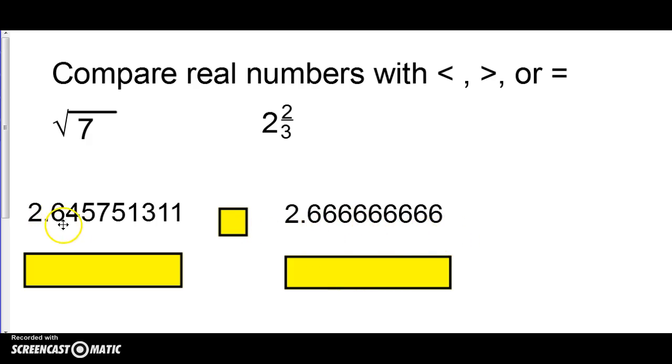Because there's a 6 in both tenths places, you have to move to the hundredths place and compare a 6 to a 4. Well, a 4 in the hundredths place is less than a 6 in the hundredths place, so you would use the less than sign.